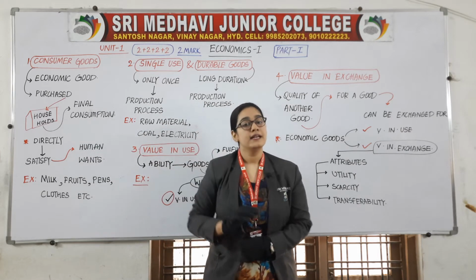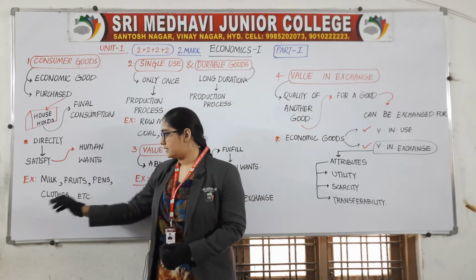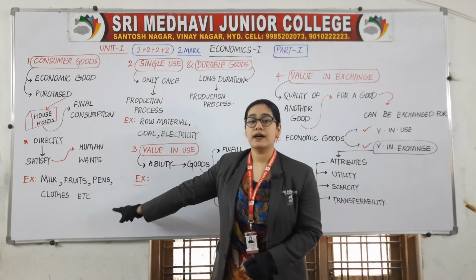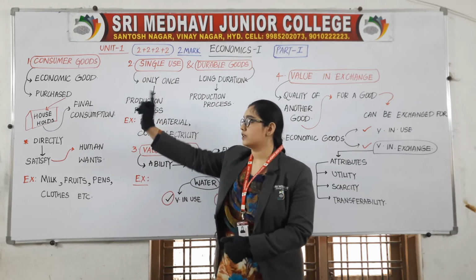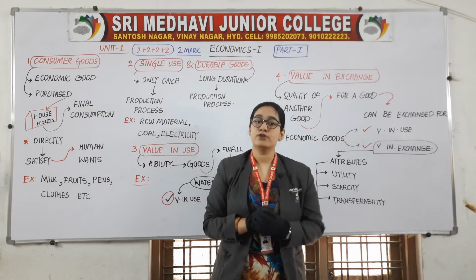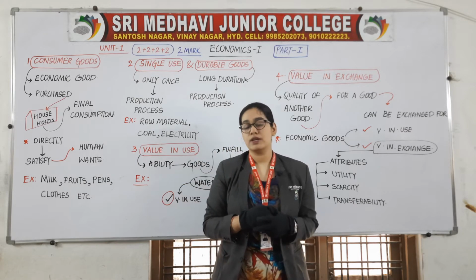For example, milk, fruits, pens, clothes, etc. Like these all goods are the examples of consumer goods which you use for final consumption. For example, fruits. We directly wash the fruits and we eat them, we consume them.